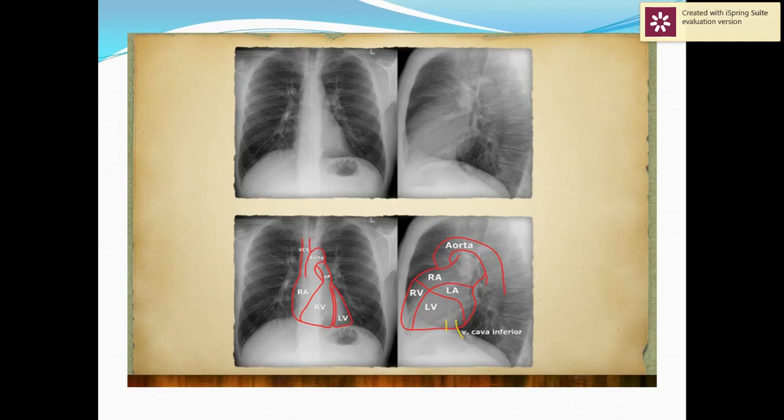I can show you a chest X-ray and ask you to show me the border of the heart: the right atrium, anteriorly the right ventricle, and the left side, the left ventricle. This is the pulmonary artery, and this is the aorta and the aortopulmonary window, and the superior vena cava on the right side.